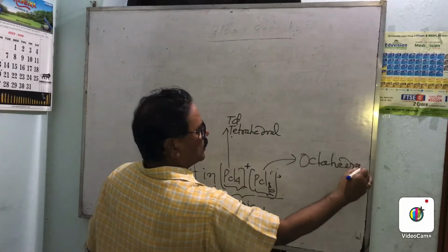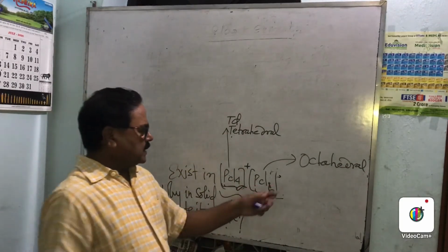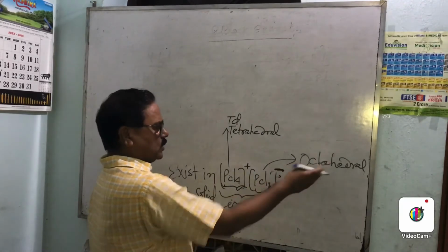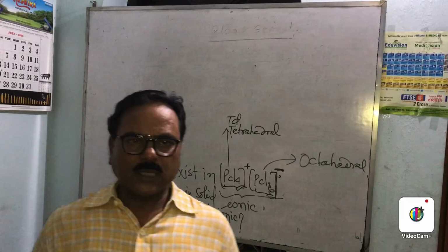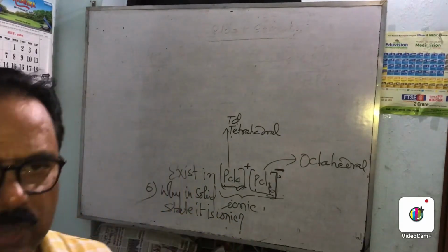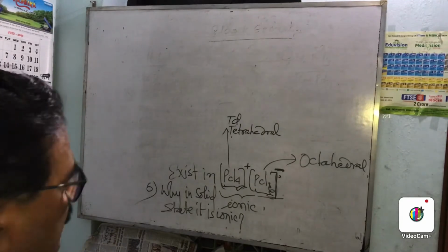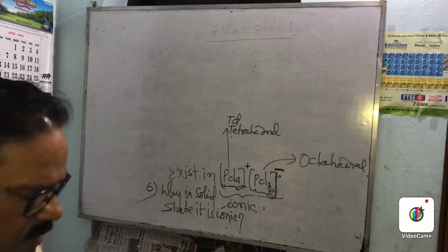So the geometry of PCl4 plus is tetrahedral and PCl6 minus has octahedral geometry. So these are the questions related to PCl5. Whenever we study, we should have knowledge of such types of questions.